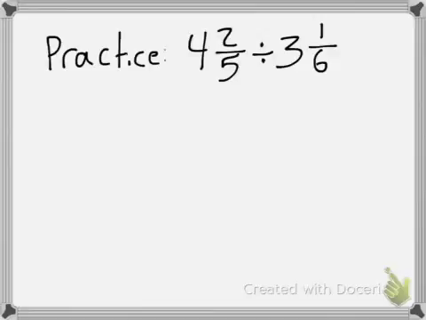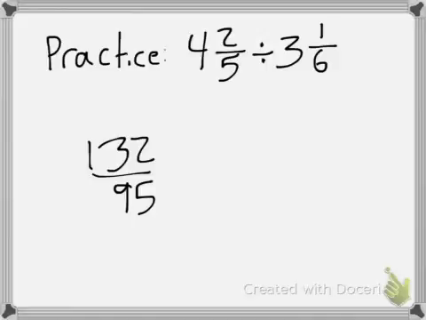You should have gotten 132 over 95. When you simplify, 95 goes into 132 once, and you're going to have 37 left over. So your answer is actually going to be 1 37/95.